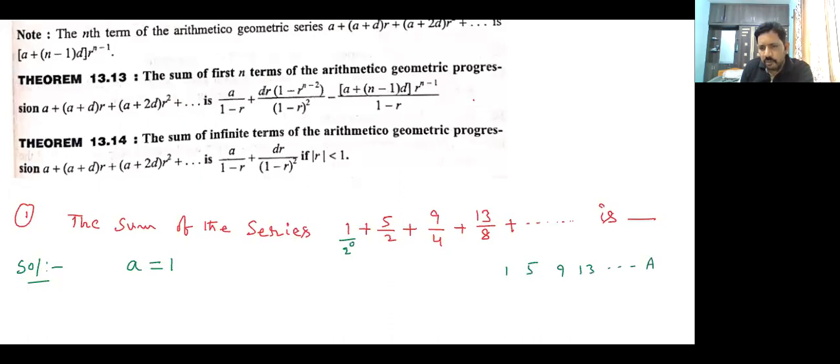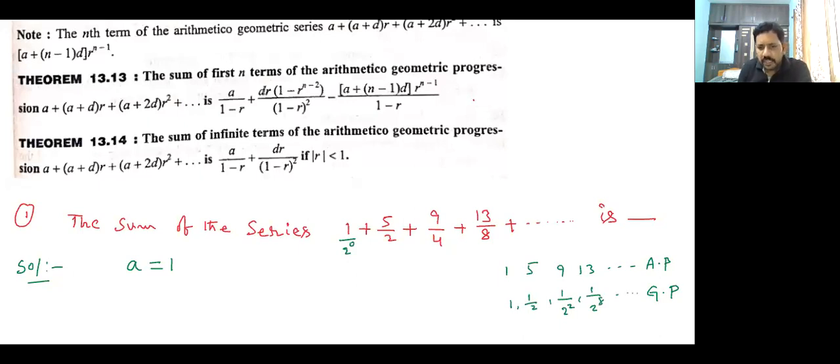These form an AP series. Next 1, 1 by 2, 1 by 4. 4 means 2 square. 1 by 8, 2 cube. These form a GP series. By mixing both, we will say that this is AGP series.